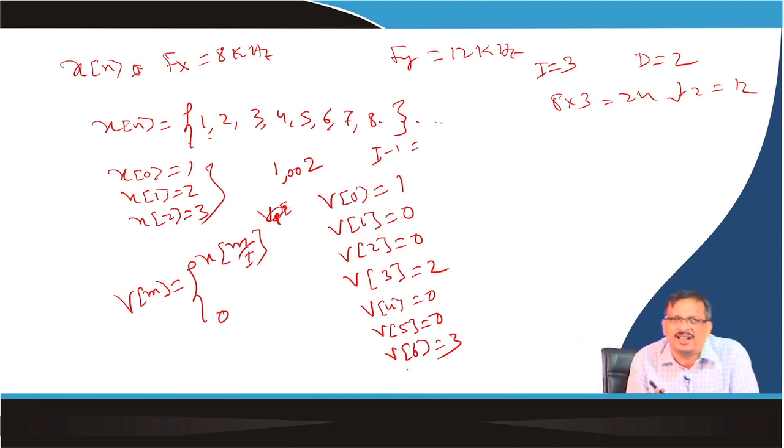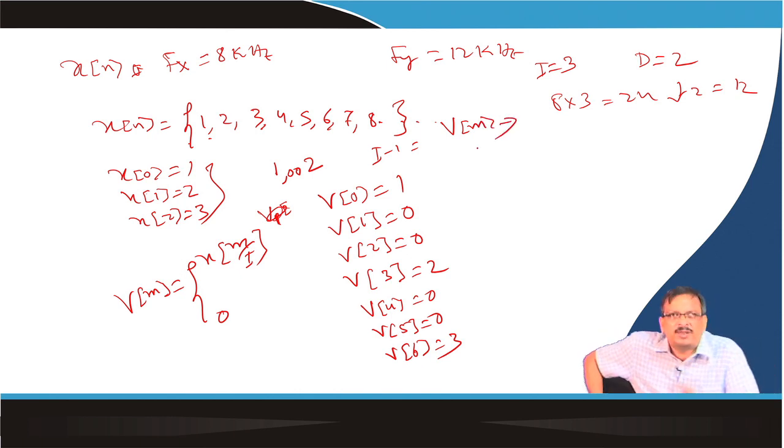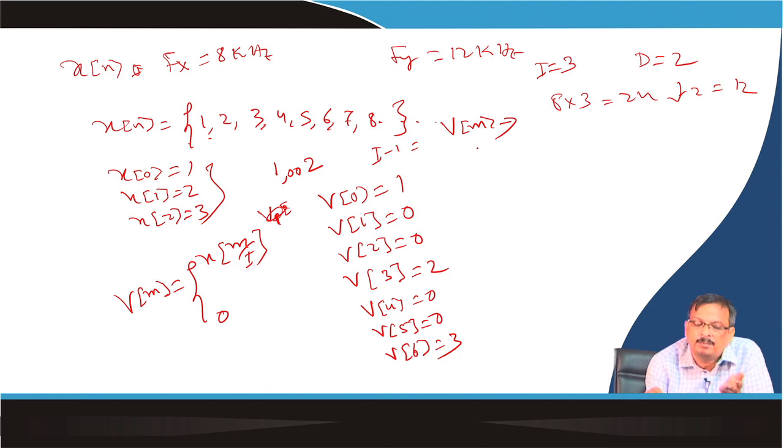Then I do the filtering. Filtering does not change the index of the signal, so I get the same length of signal. V of m is passed through a filter. The filter only changes the characteristics of the signal; lengthwise there will be no change. After filtering V of m, I get W of m.